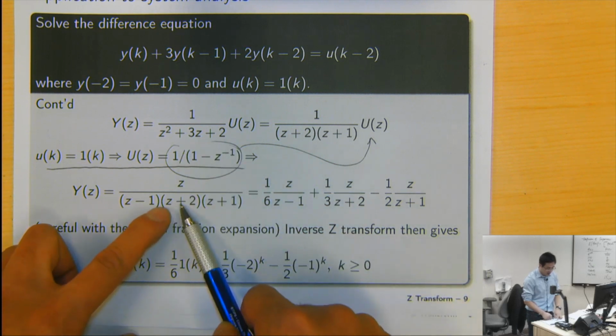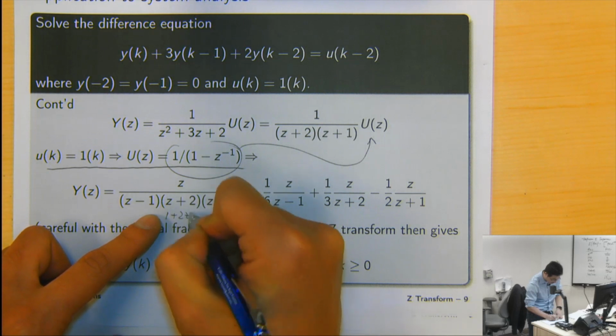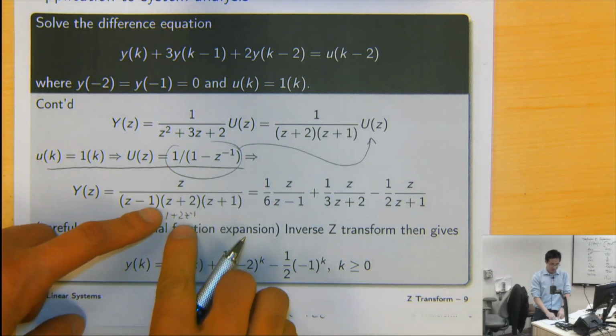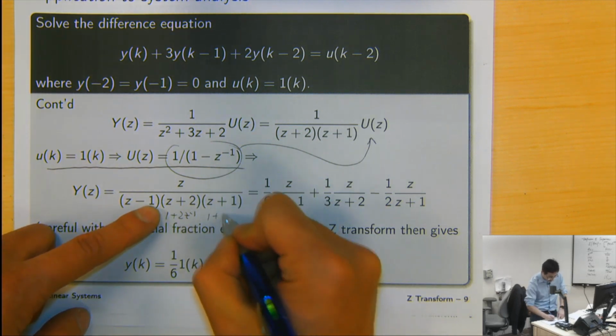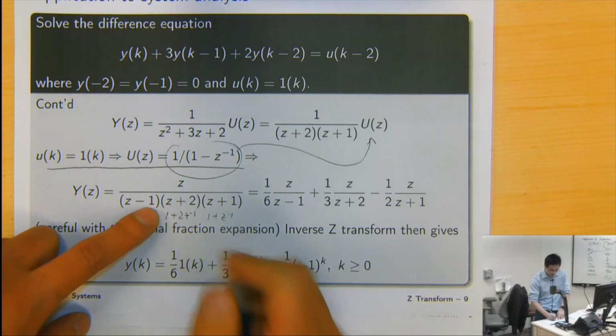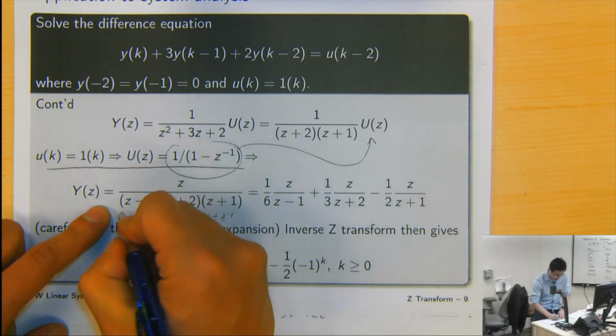And z plus 2 is going to be something related to 1 plus 2 times z negative 1. And then this is 1 plus z negative 1, corresponding to these individual terms.